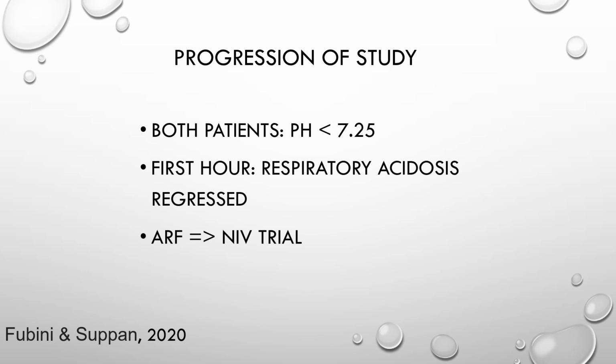Within the first hour, respiratory acidosis regressed, with a pH increase of 0.14 and 0.17 respectively. Neurological status also improved. In both cases, this made it possible to avoid ETI.